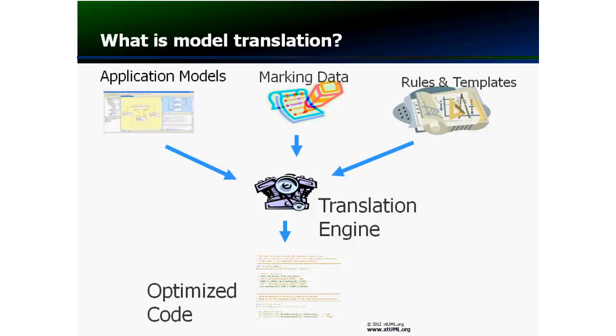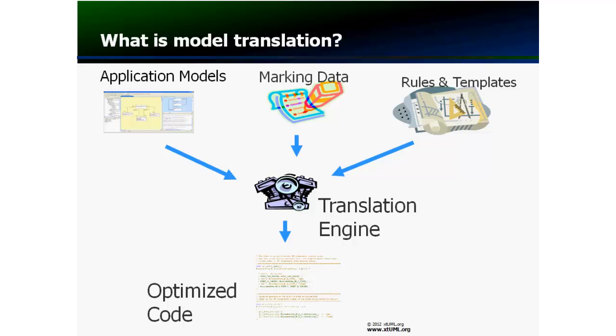Let's begin by reviewing our high-level picture of the model translation process. The user creates their application model using the open-source xtUML editor. The UML diagrams they create describe components, these are the functional blocks, and the interfaces and messages these components use to communicate with each other. Inside the components, the developer fleshes out the desired functionality by creating data models, specifying life cycles and state machines, and implementing the operational processing in action language.